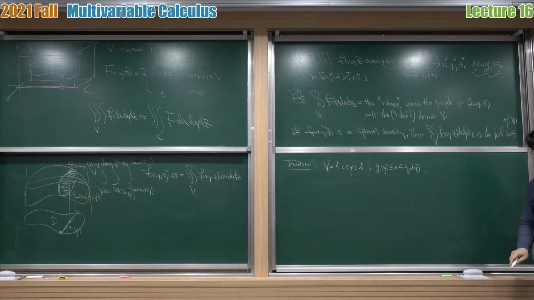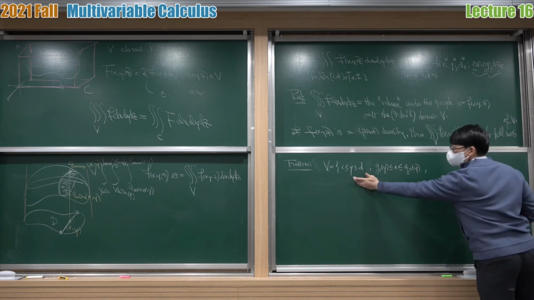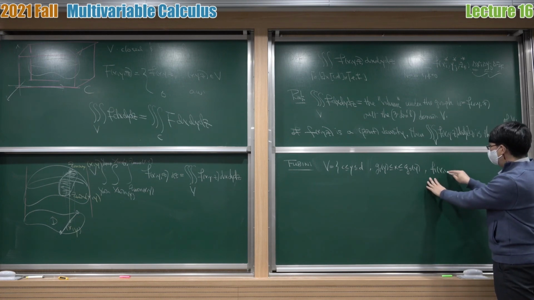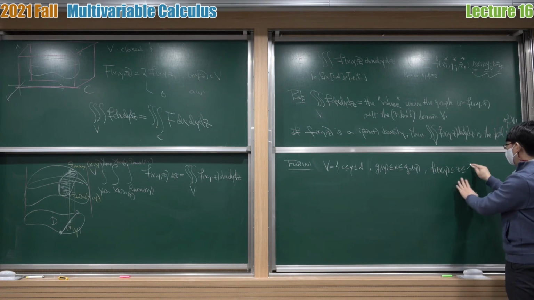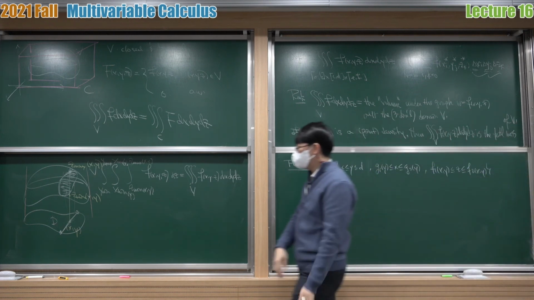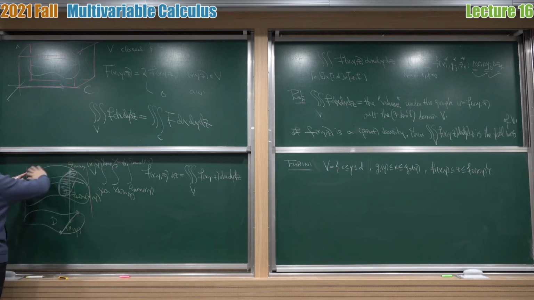And then according to that x and y, z runs from f1(x,y) to f2(x,y). That's the situation. So we have two-variable functions that represent the z max and z min. That's the functions f1 and f2.